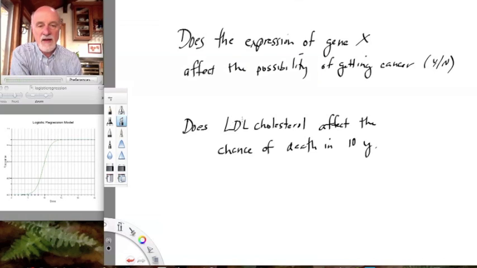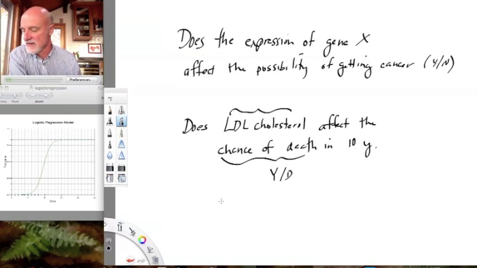Okay, so what's our x variable? It's LDL cholesterol level, which you can easily measure, and then our y variable is death. Yes or no, the person expires within 10 years.